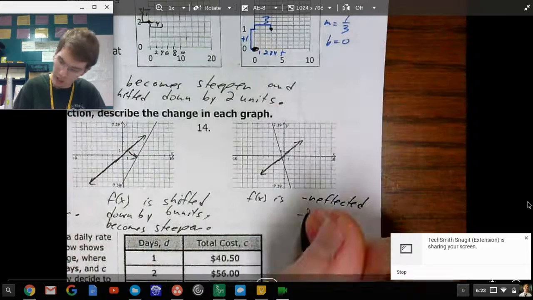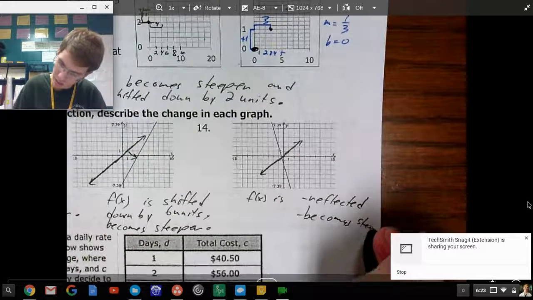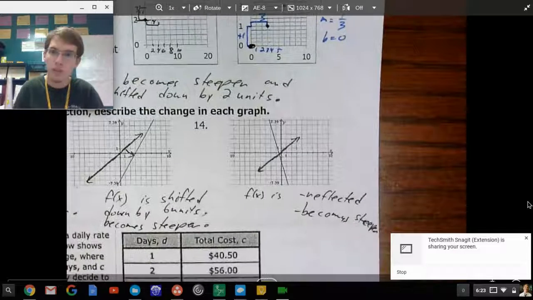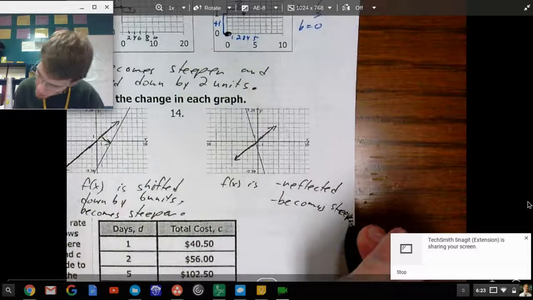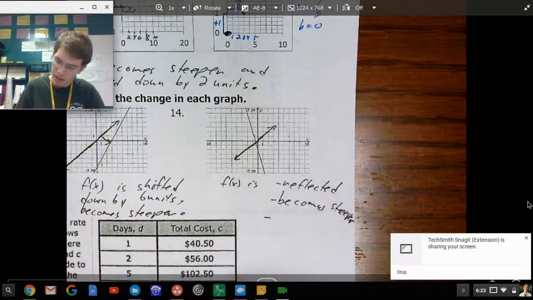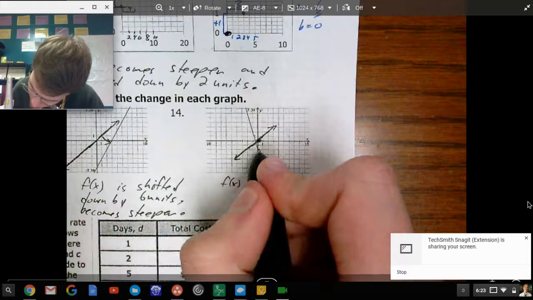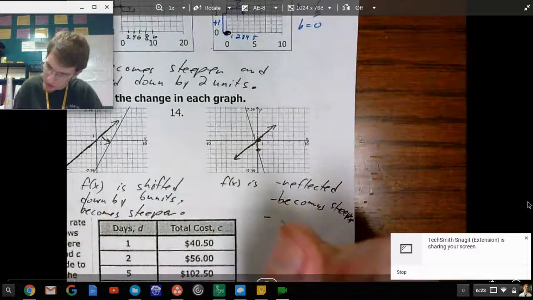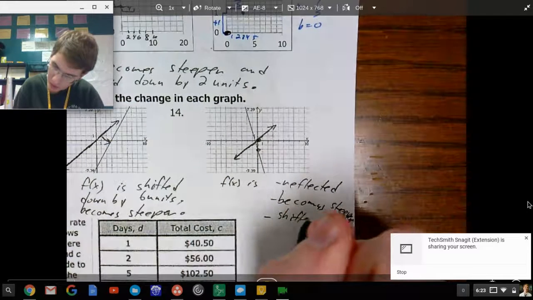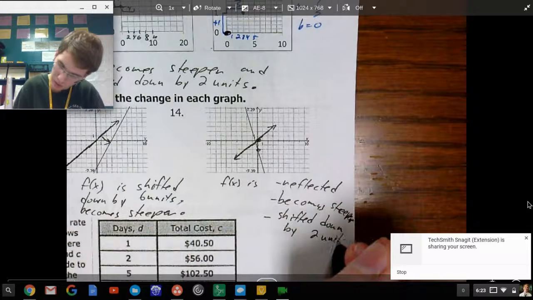Well, it looks like it becomes steeper as I fall off a cliff there. Steeper. And is it shifted up or down? Look at our y-intercepts. We've got from there to there. Let's get shifted down by 2 units.